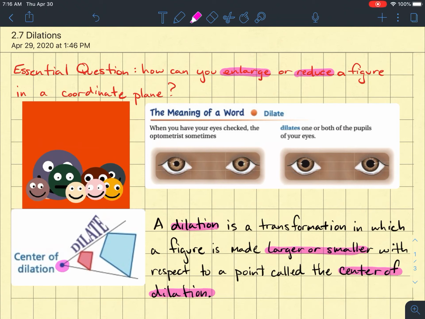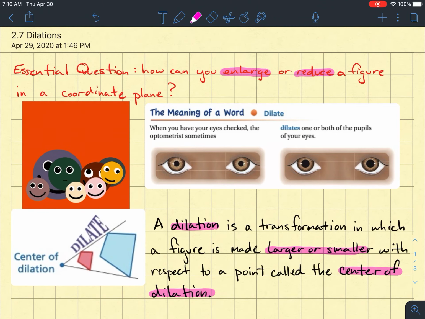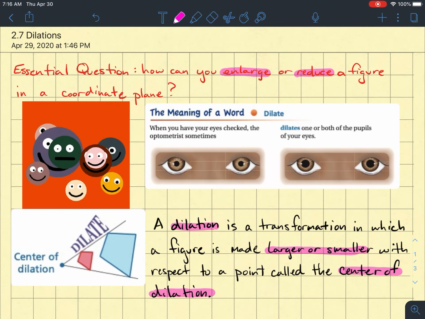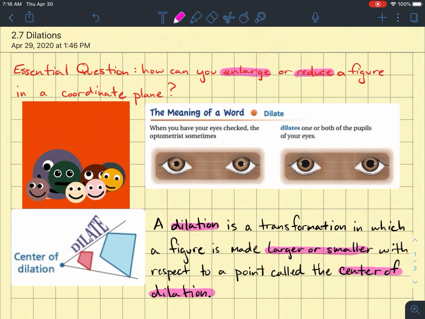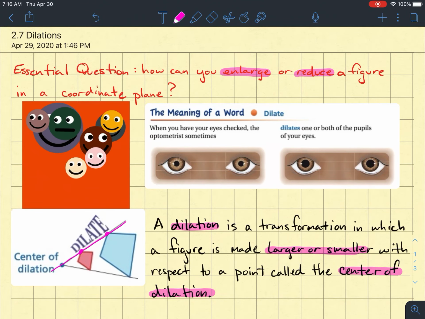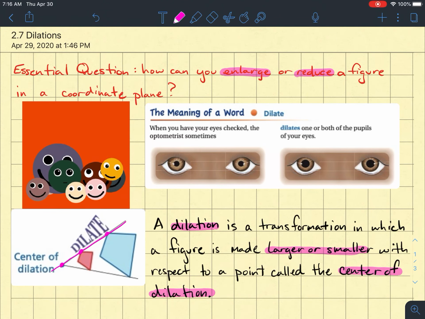When you perform a dilation, there's always a point where you're performing the dilation from. It's called the center of dilation. You can find the center of dilation by connecting the original image points to the new image points like you see here. You have this line going from this point to this point, and it crosses at the center of dilation.